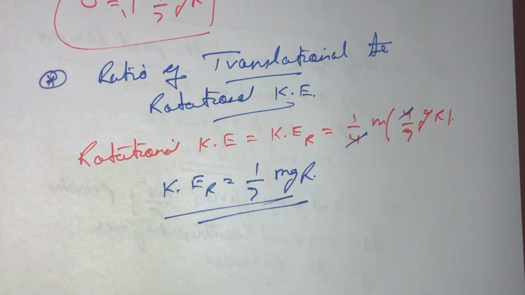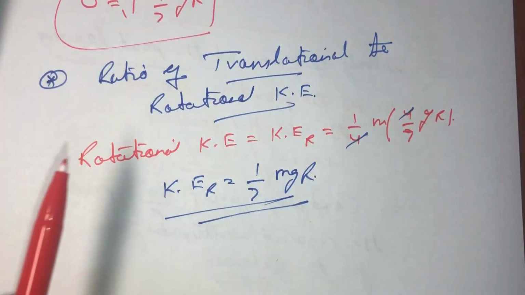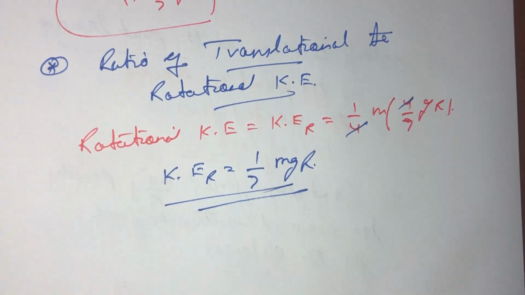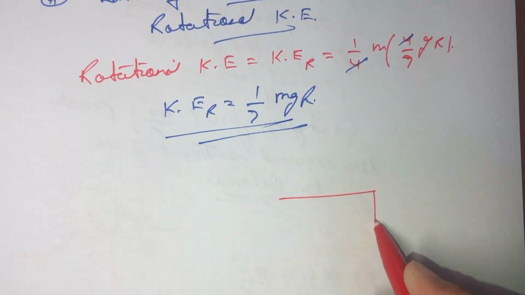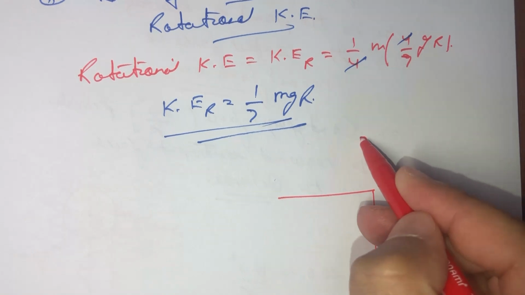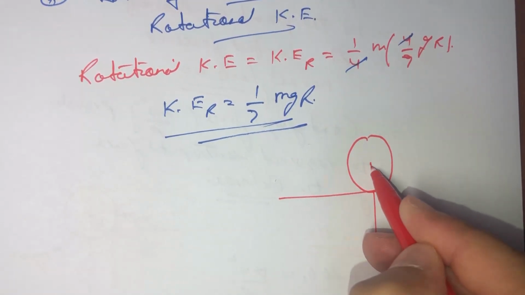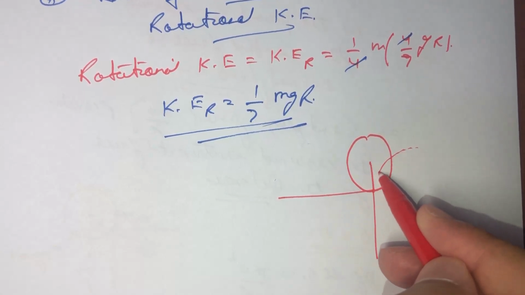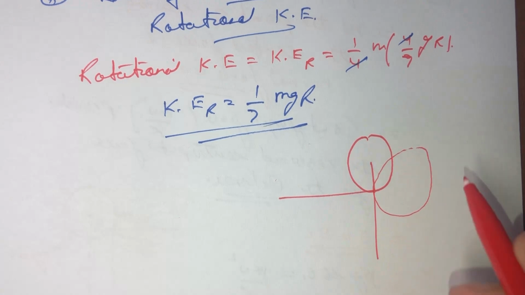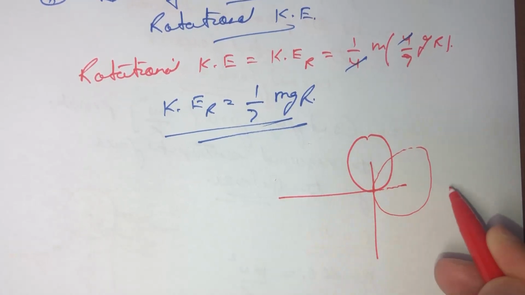Now it is said that when the center of mass is in the horizontal line of the edge, which basically means initially the cylinder was right at the edge, and this was, let us suppose, the center of mass, and now the cylinder is about at a position where its center of mass is at the horizontal.